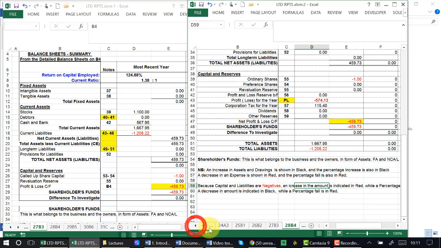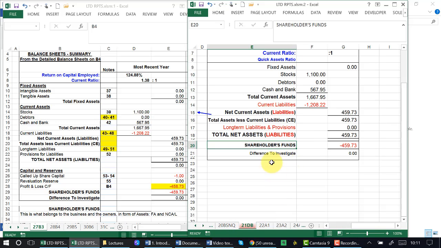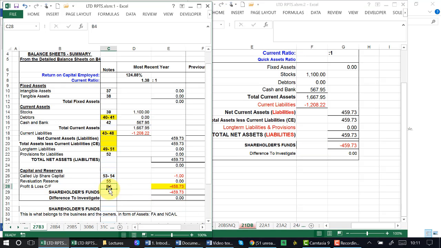Yes, that's 53 to 59, plus the profit and loss. Well, that is it about the dashboard, B1 and B3. Thank you.